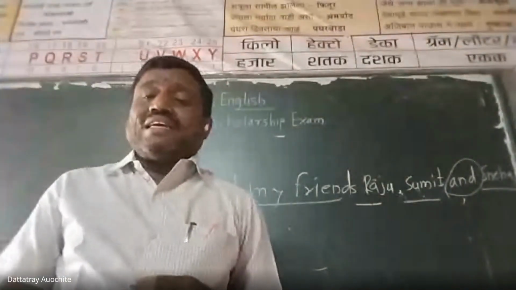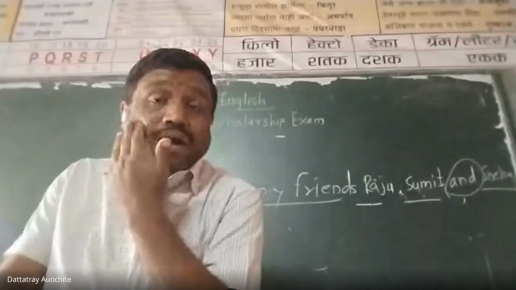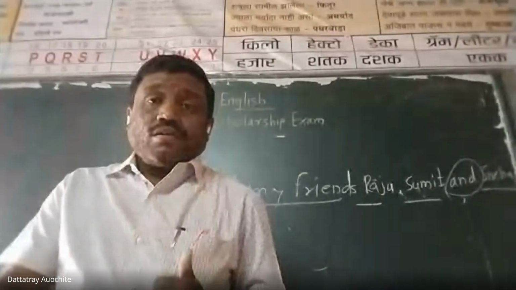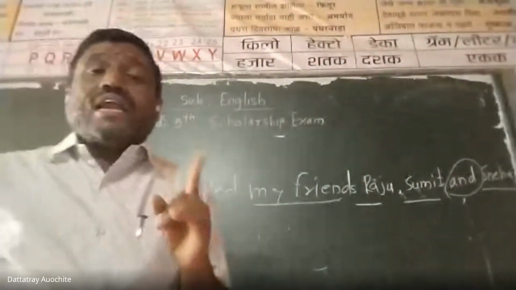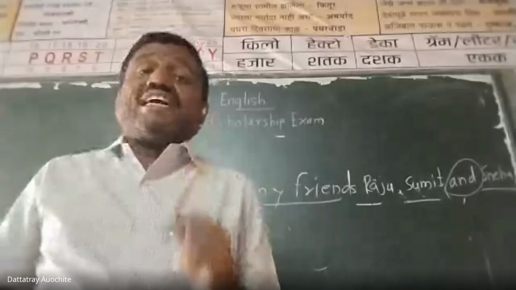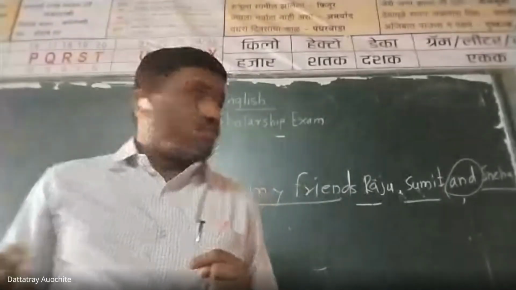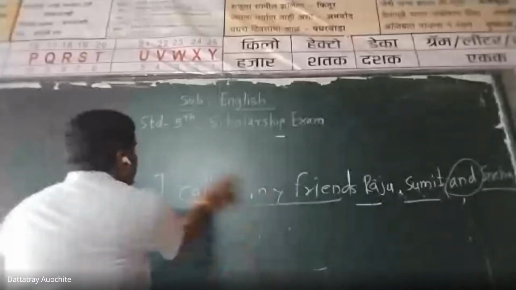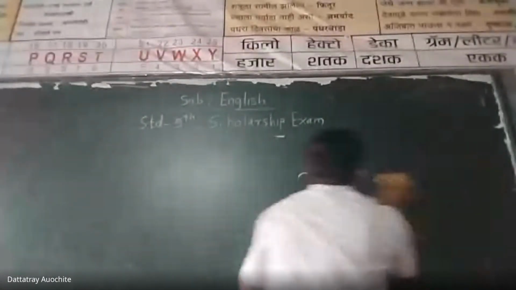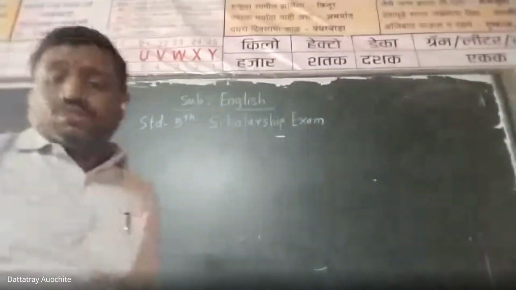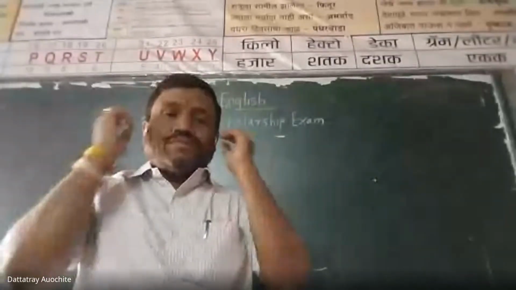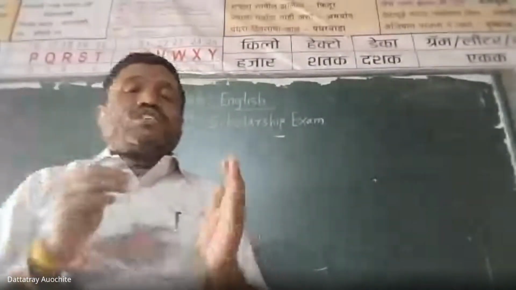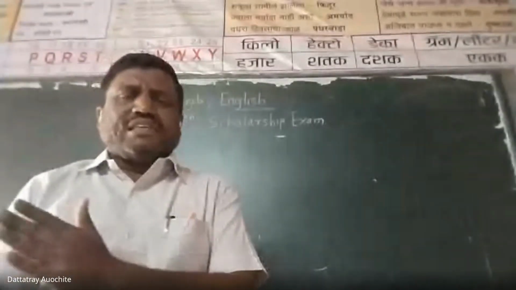Then, what are the other uses of comma? Another use is when we add a question tag in the sentence. You know a question tag? A question tag is a question which starts at the end of the sentence.